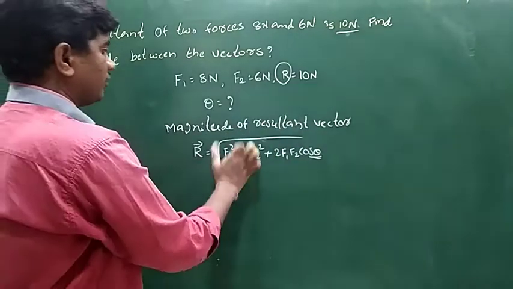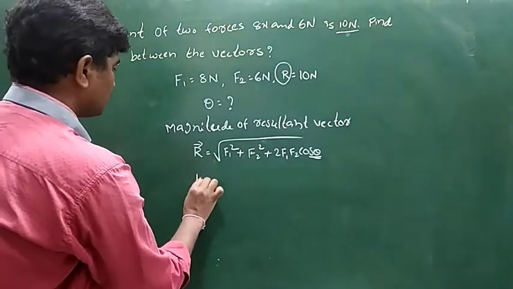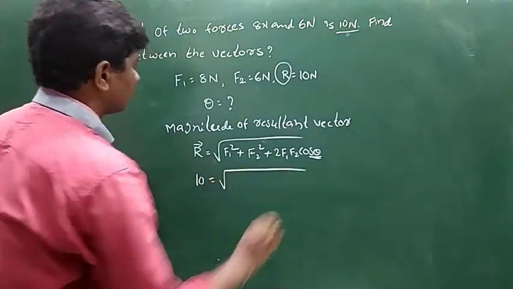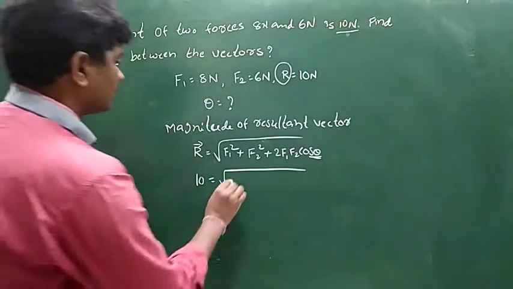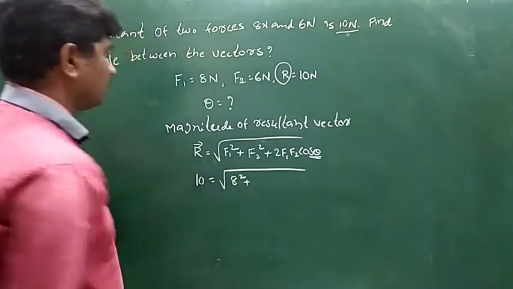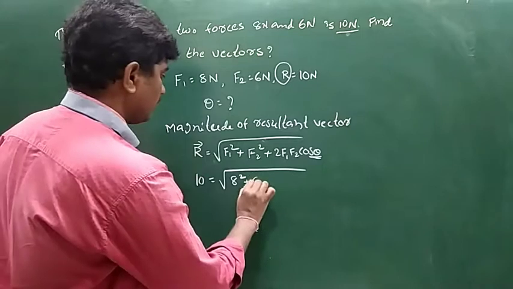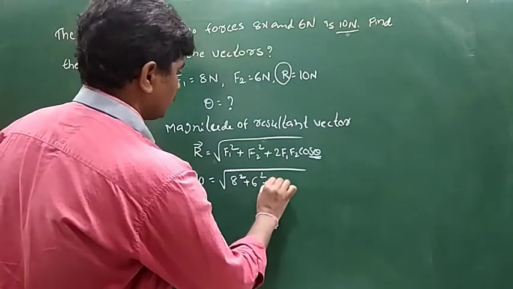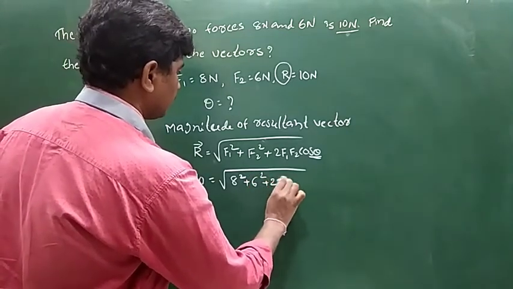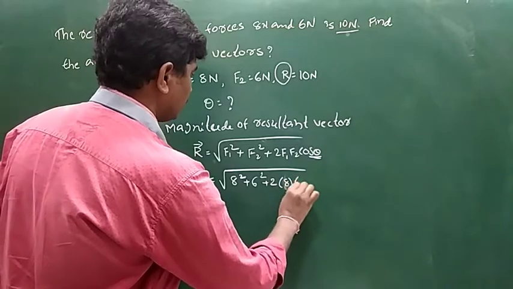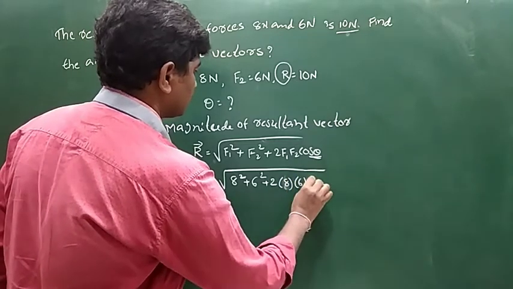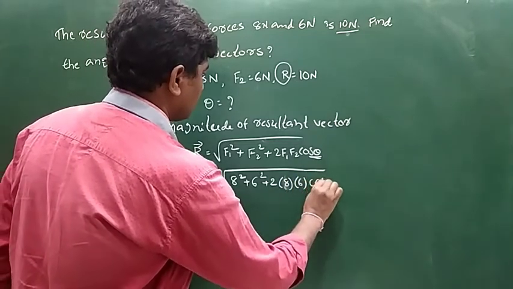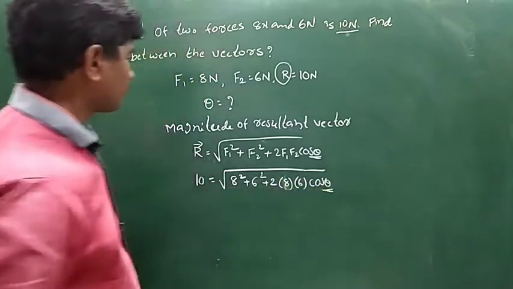To substitute in this equation, R equal to 10 newtons, under root of F1 square, 8 square, plus F2 square, 6 square, plus 2 into F1 is equal to 8, F2 is equal to 6, cos theta, to find the theta angle.